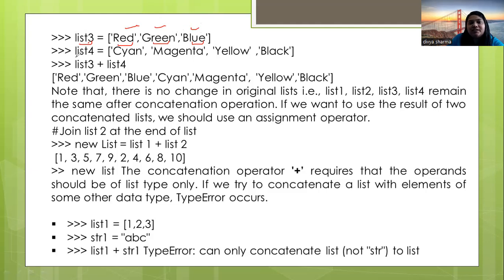Similarly, we have another list 4, containing cyan, magenta, yellow, black. If we perform the concatenation operation on these two lists, we simply write list 3 plus list 4. It will display the output like this: red, green, blue, then it will take the elements from list 4, that is cyan, magenta, yellow, black.